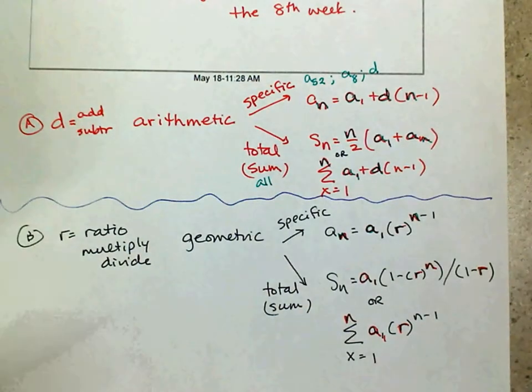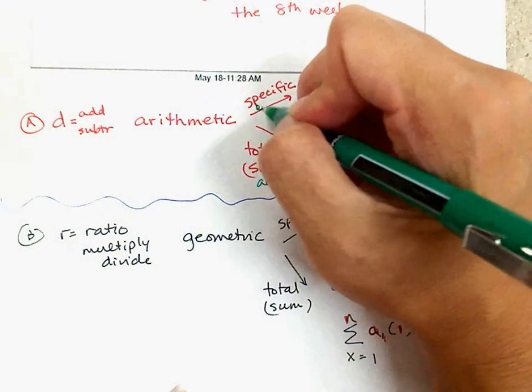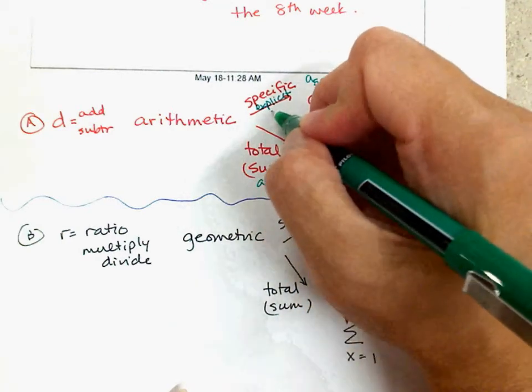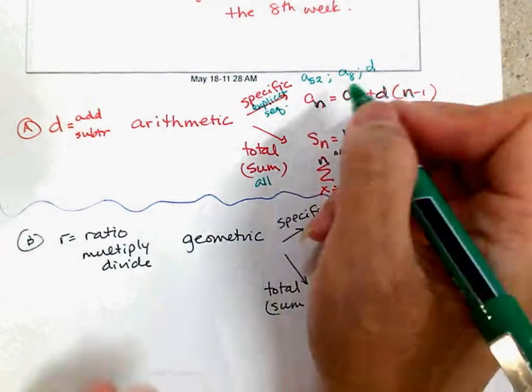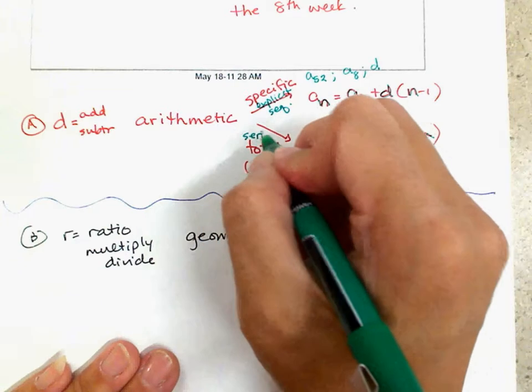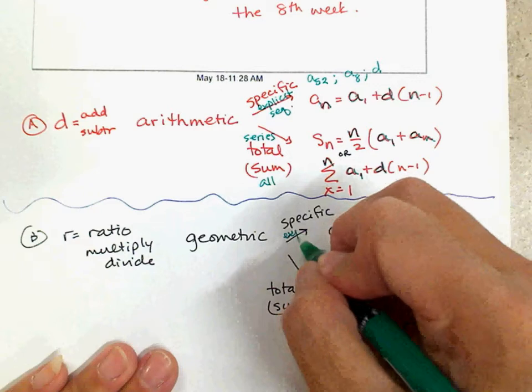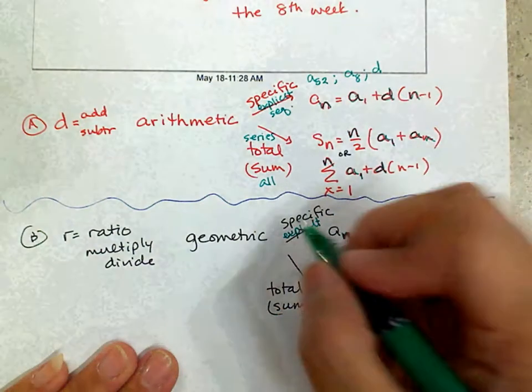So your specific will be your explicit, and this is your sequence, and here will be your series, okay? So right here is your explicit. You're looking for something specific, that would be like your sequence, and right here will be your series.